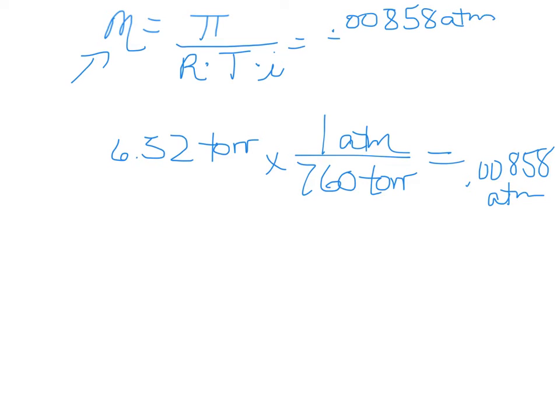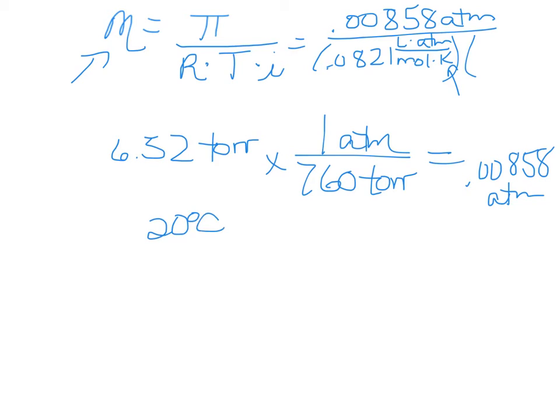All right, so let's plug that in for osmotic pressure now. Okay. The R value that you need to use so that all the units match is 0.0821. That's liters atmosphere over mole Kelvin, just to keep track of our units. Temperature has to be in Kelvin to match that Kelvin. And let's see. So 20 degrees Celsius plus 273 means we have 293 Kelvin.